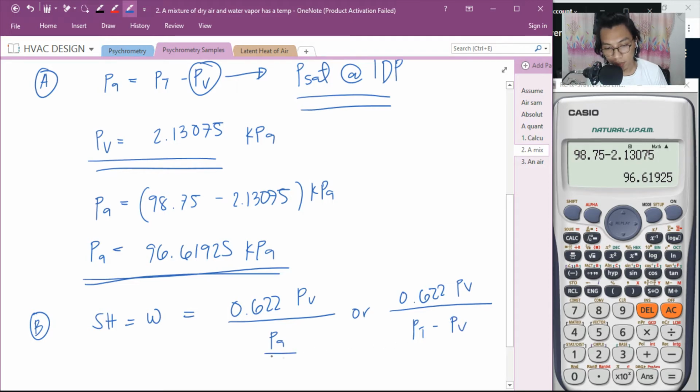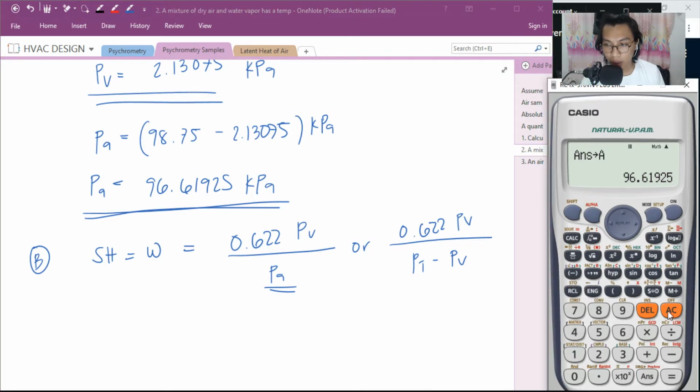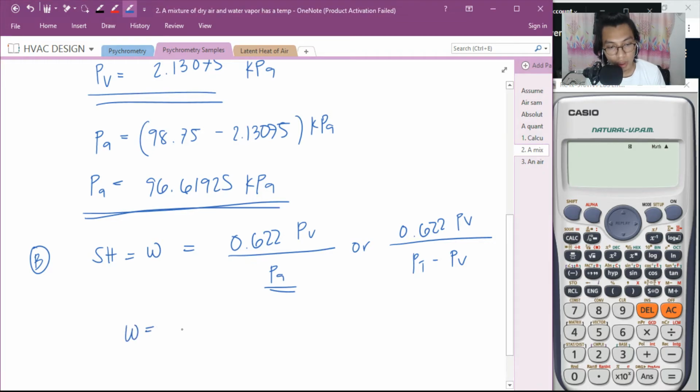You already have PA, so plug it in directly. This is the value of PA, which I store as A. So the specific humidity now is 0.622 multiplied by PV. What is PV?